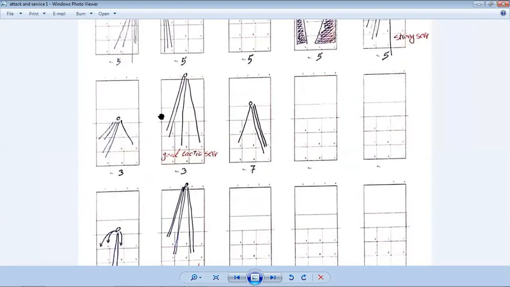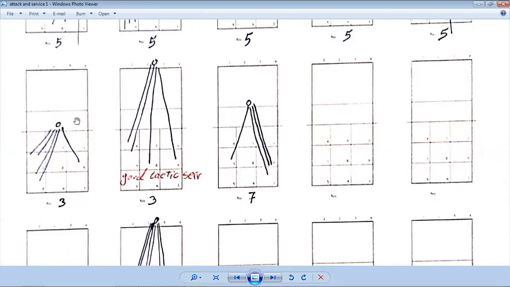Another example I have here is for the middle blocker. He prefers to attack to position 5. And here we have the same, a good tactical service. He serves everywhere in the court, but tactical serves.